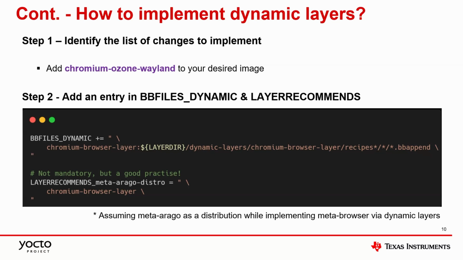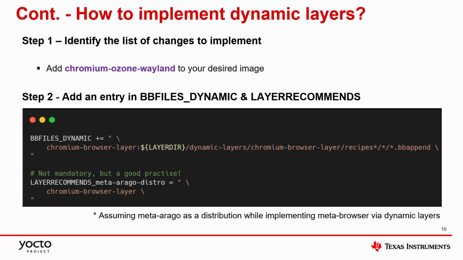Let's say for Chromium as well, what we can do is, under dynamic layers, have multiple bbappends, and I can have a Chromium version, let's say 111, included for a specific machine or specific hardware, and a different version for another hardware.